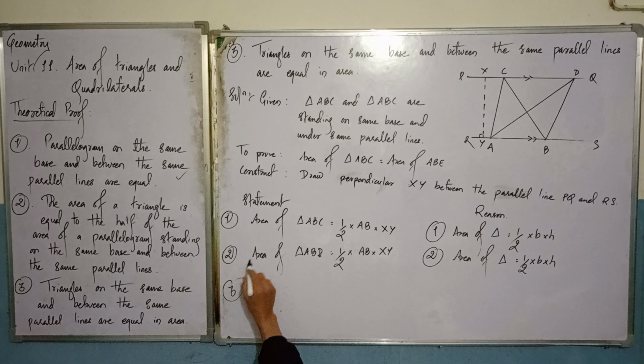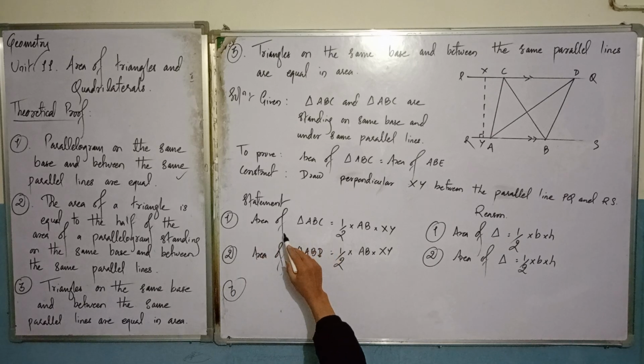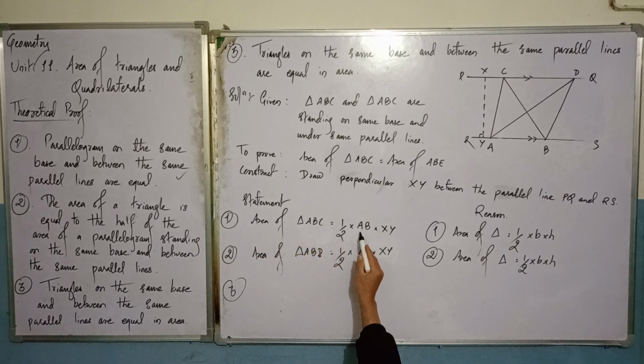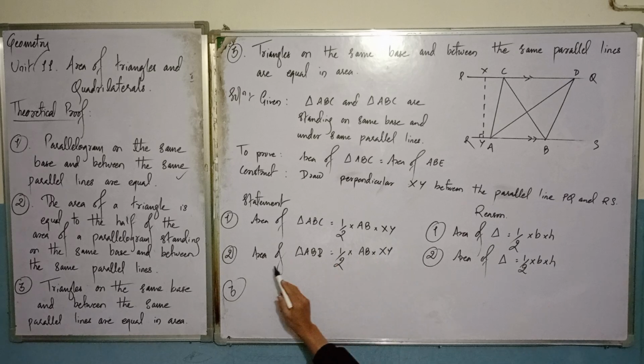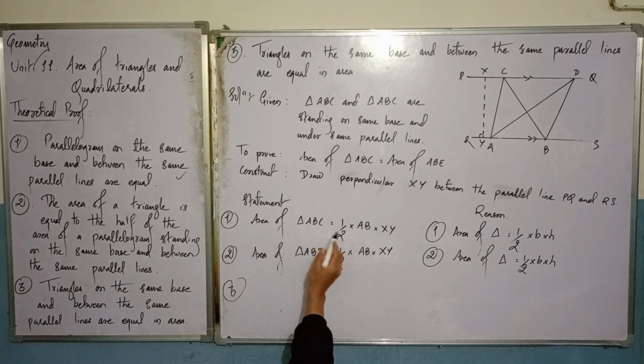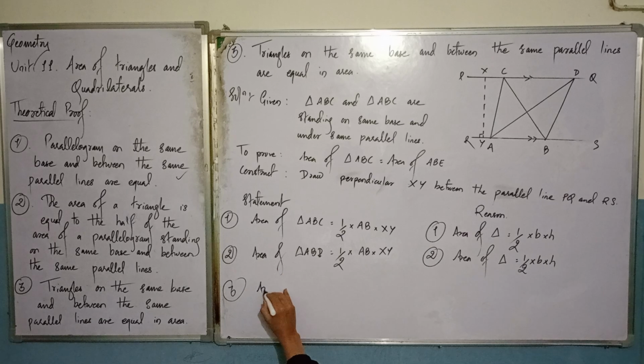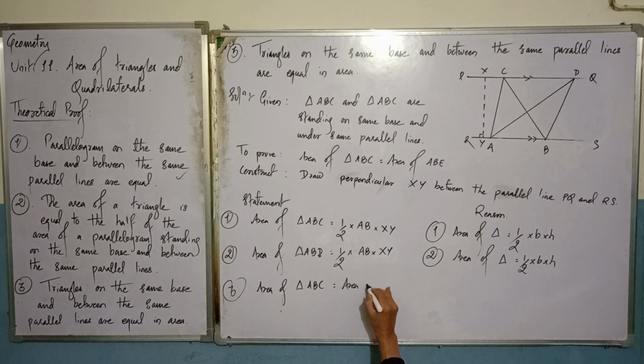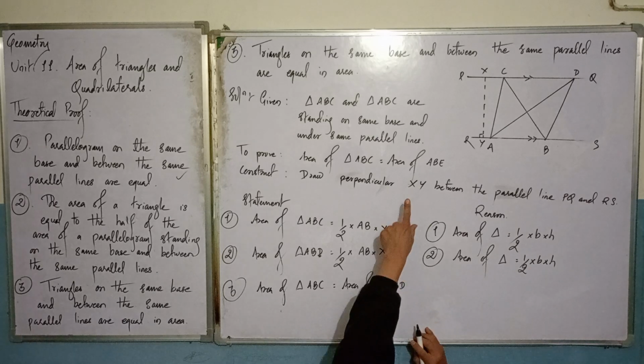Now, area of triangle ABC is also equals to 1 by 2 AB times XY, and area of triangle ABD is also equals to 1 by 2 AB times XY. So combining both, you can write area of triangle ABC is equals to area of triangle ABD, which we have to prove.